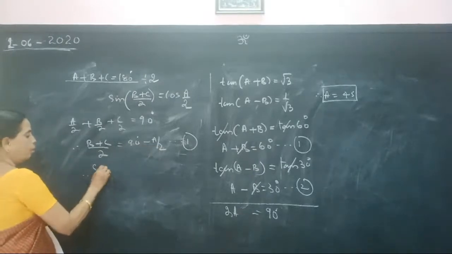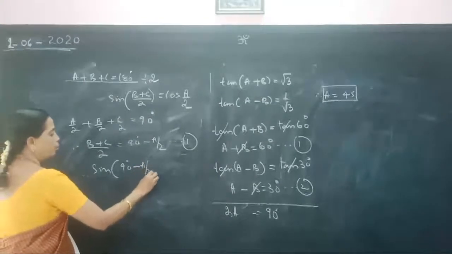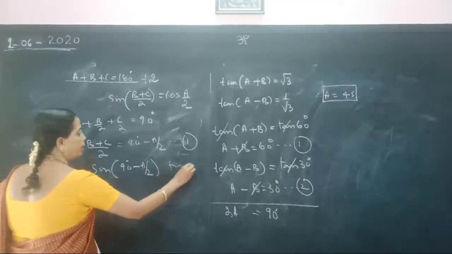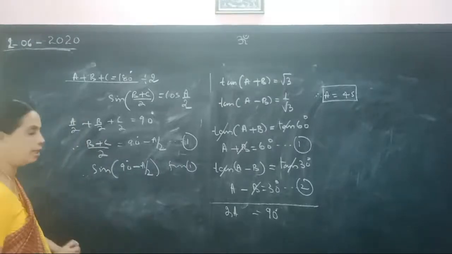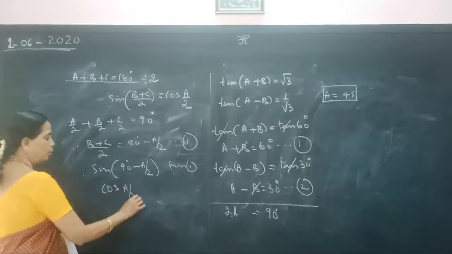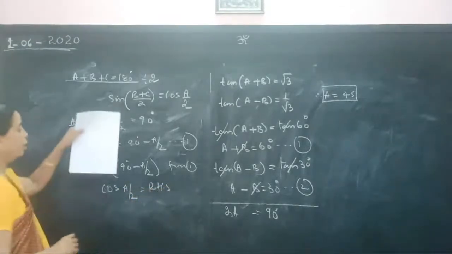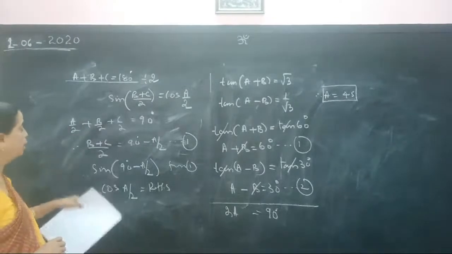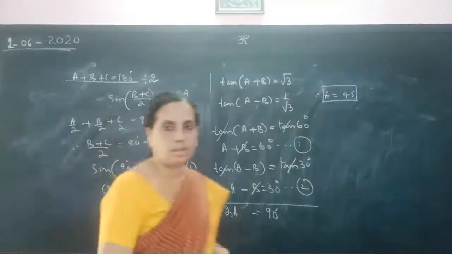That is sine of 90 degree minus A by 2 from result 1. What is sin of 90 minus theta as in a complement relation? It is cos A by 2. This is equal to RHS. So from the application of the complementary relation, we could prove the LHS value equal to RHS.